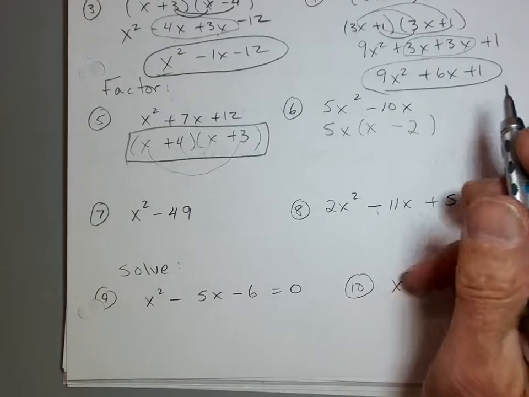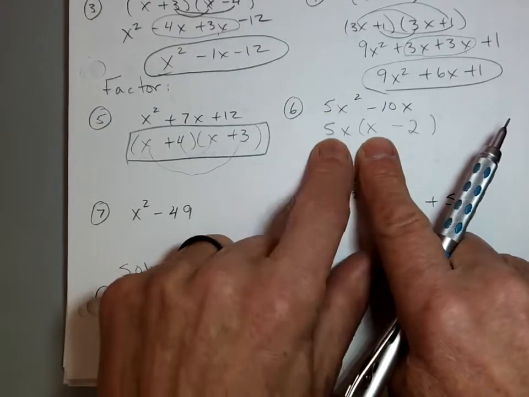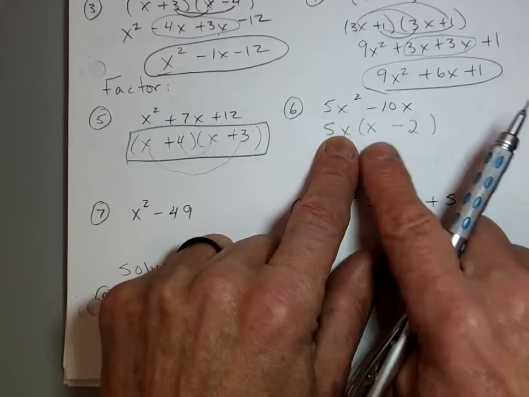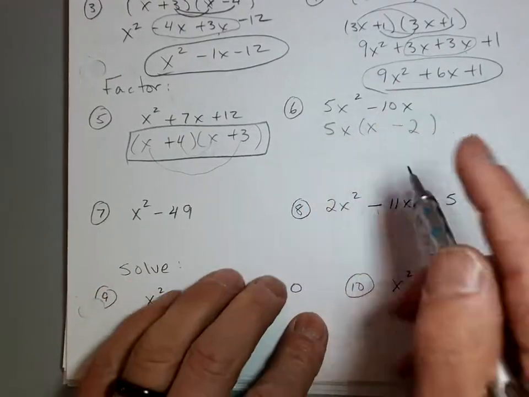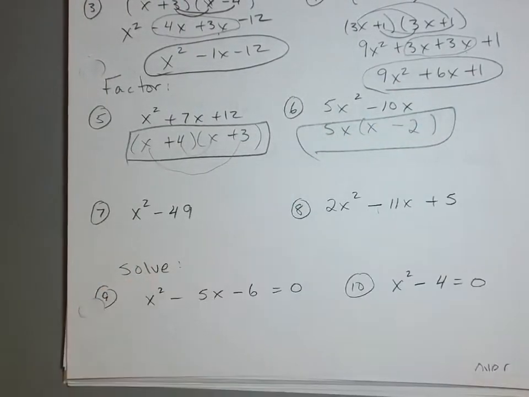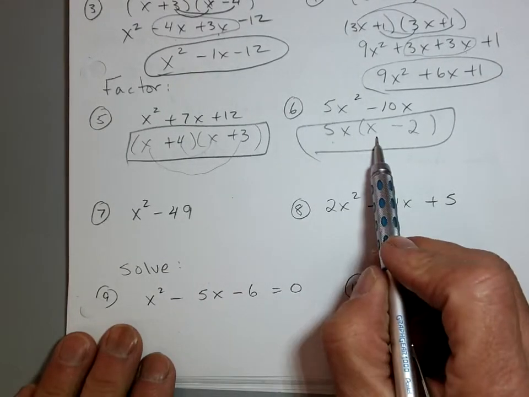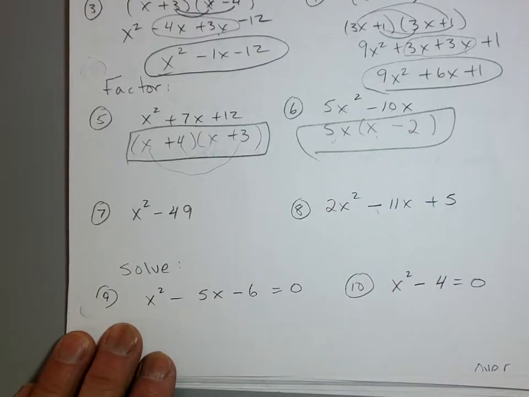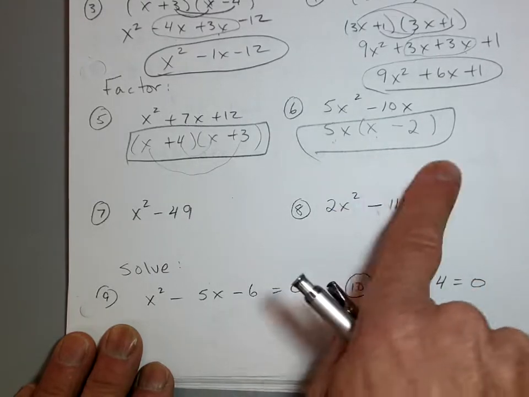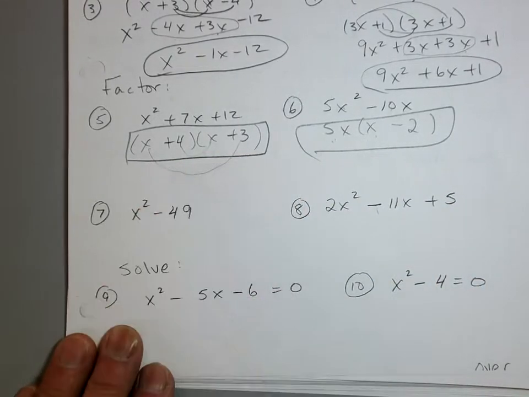Again, if you want to check your answer, you can just distribute. 5x times x is a 5x squared. 5x times negative 2 is a negative 10x. So this times this does make the 5x squared, and this times this does make the negative 10x. So it's common factoring, and that is missed a lot because everybody wants to do it like a trinomial factoring.